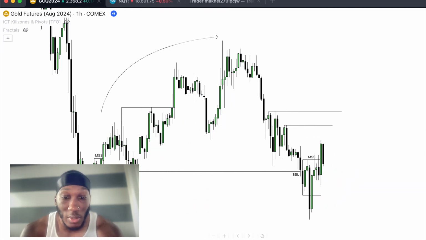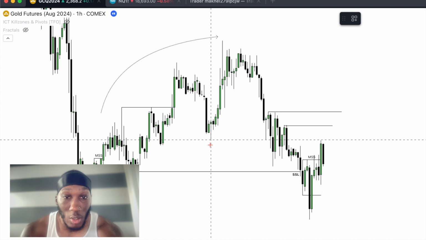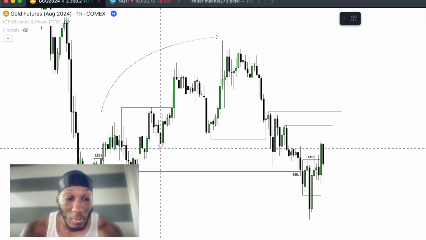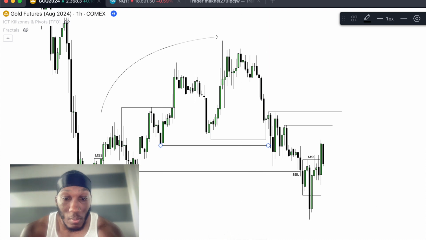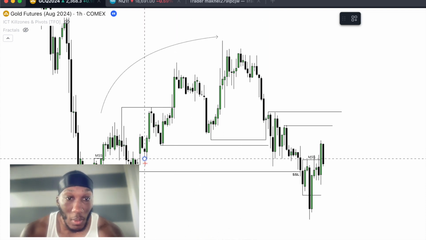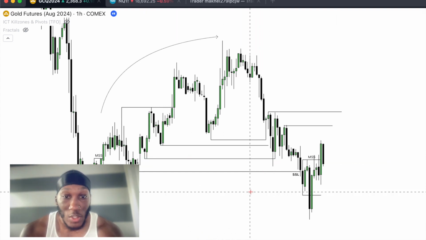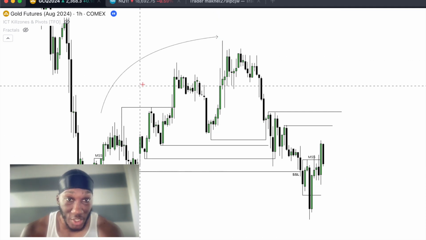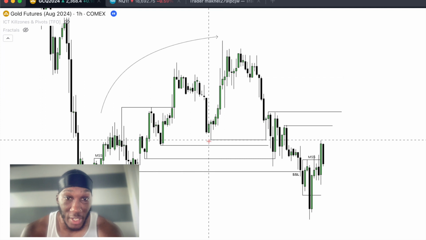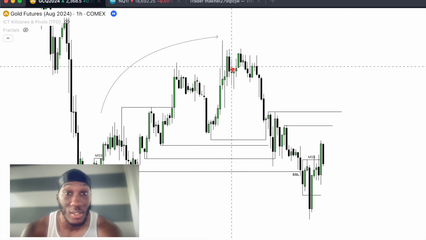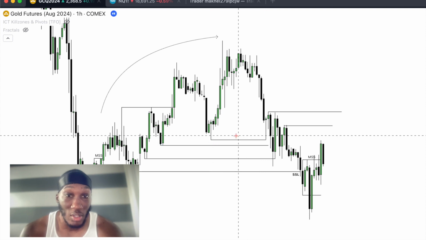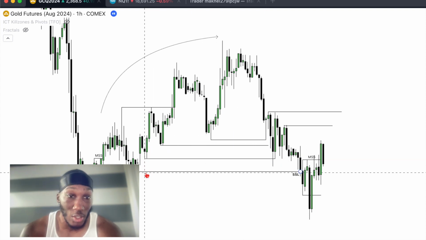Liquidity here, liquidity all over the place. So that's all price does. When it's on a buy model like this and price is trending up, all it's doing is just generating sell side liquidity so that when the price switches from bullish to bearish, now all of these lows are targets.